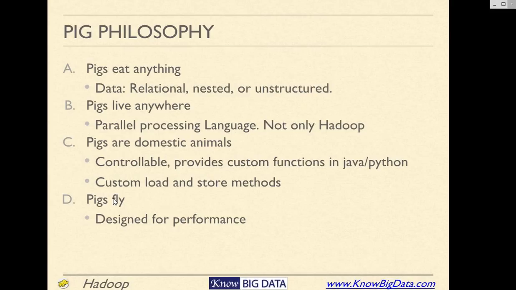Pig is basically designed for performing a long series of data operations, right? You can have a long series of data operations defined in Pig very easily, and hence Pig is more suitable for batch processing. So Pig lies somewhere in between SQL and MapReduce.